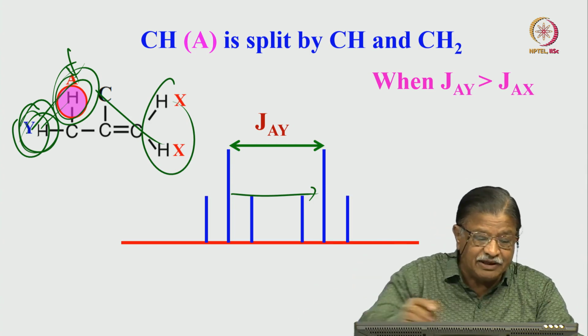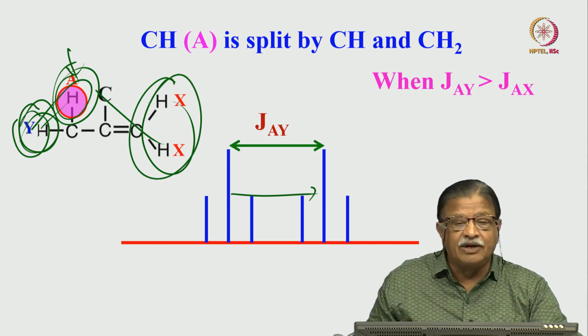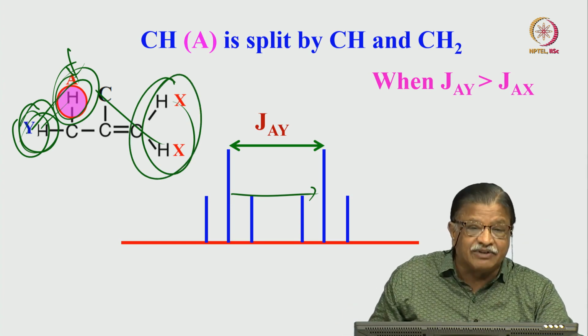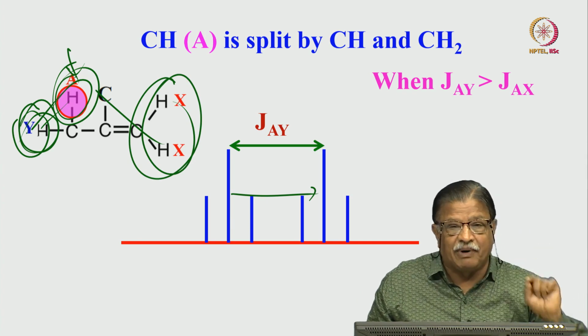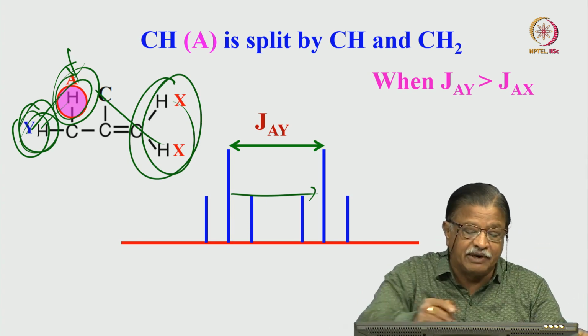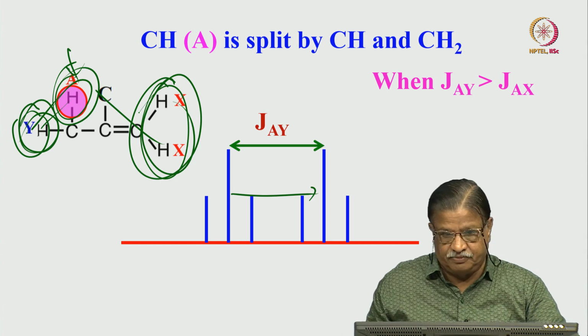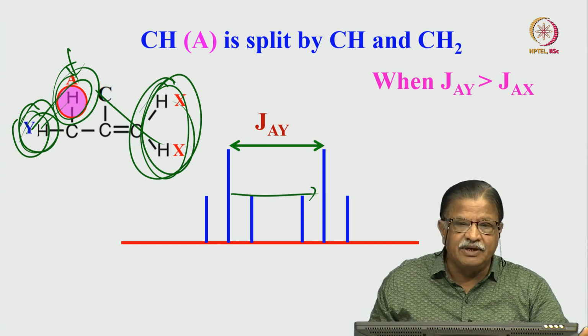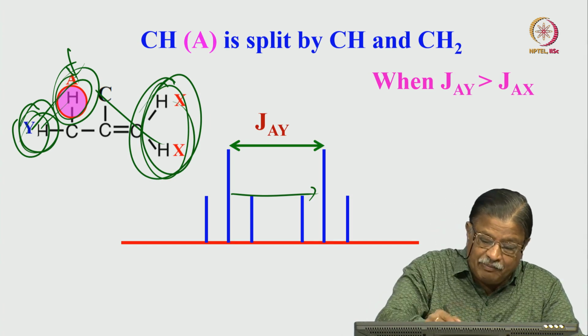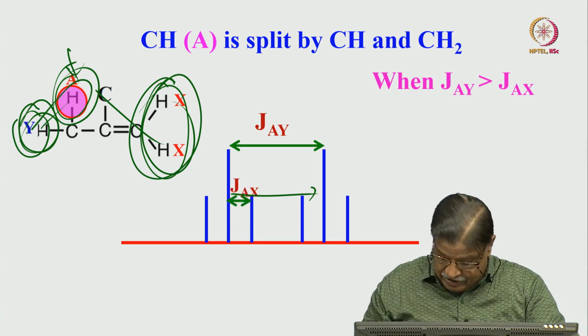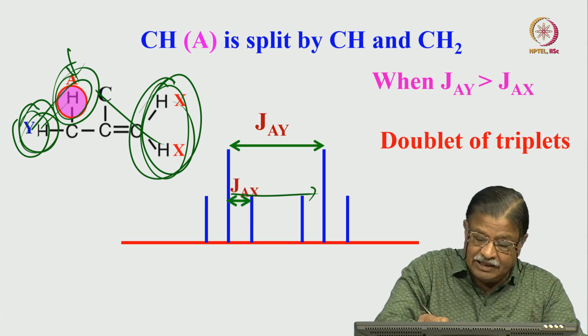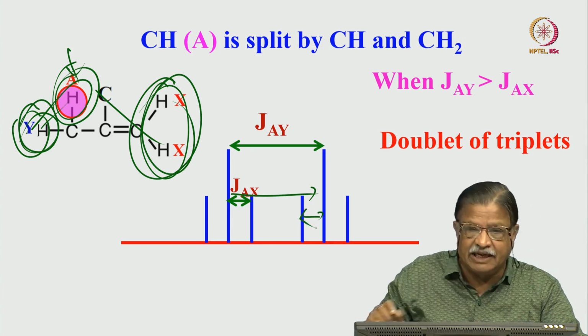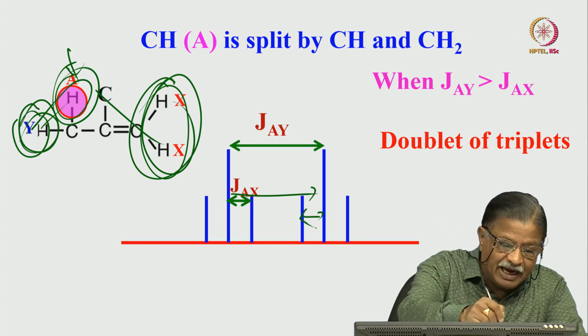Now further, each line of the doublet will become a triplet because of coupling with 2 chemically equivalent protons, CH2. As a consequence, it is going to be a doublet of triplets. This pattern is called a doublet of triplets, and the separation between consecutive lines of the triplet gives the coupling between A and X.